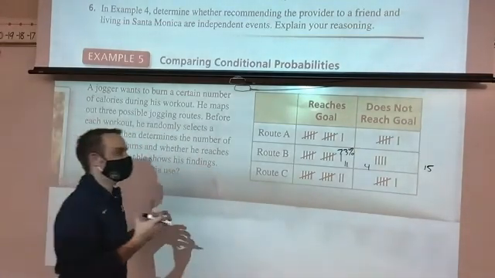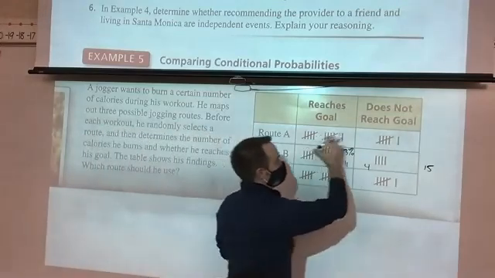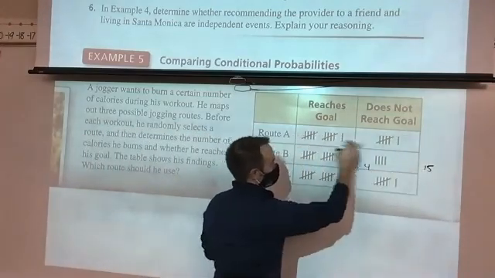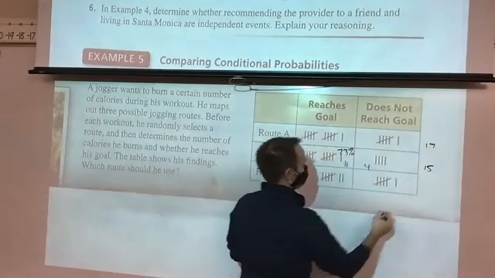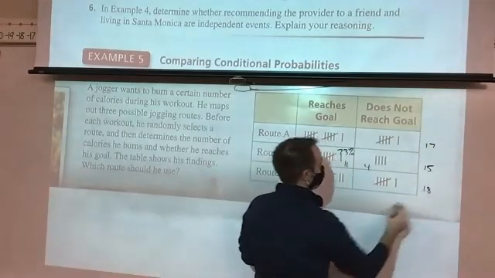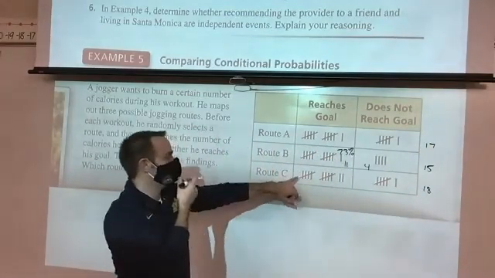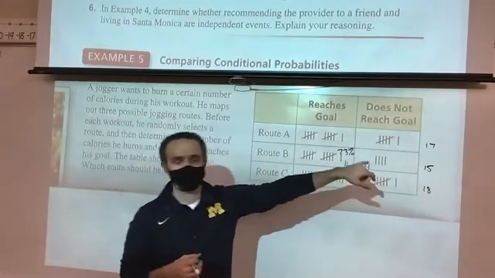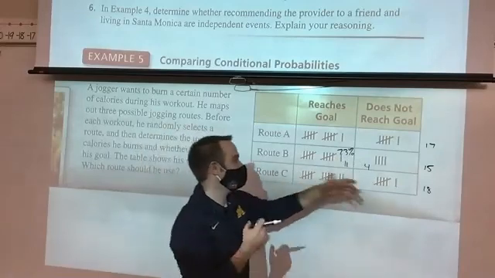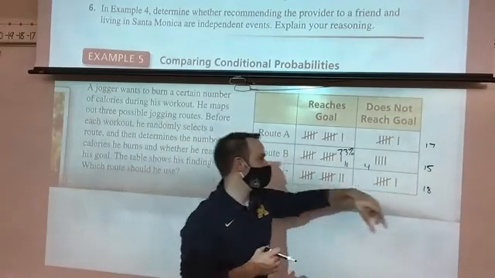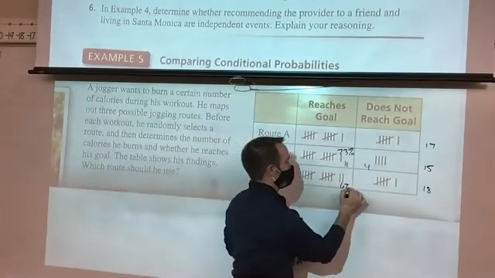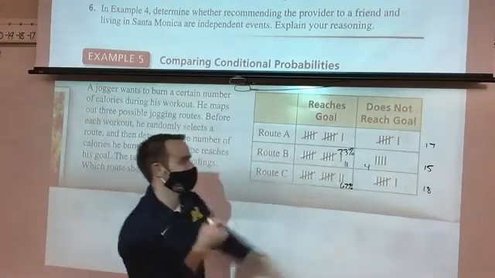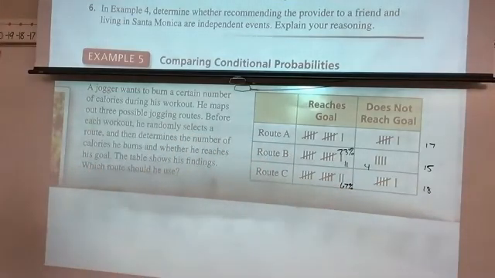So we're using that conditional by dividing by the total. This is 11 and 6, out of 17. This would be out of 18. So even though he reached his goal more times with route C, it took him 3 more tries to get there. If you divide 12 by 18, that gives you 67%, whereas this one gave you 73%. We know it's more likely that he's going to reach his goal on route B.